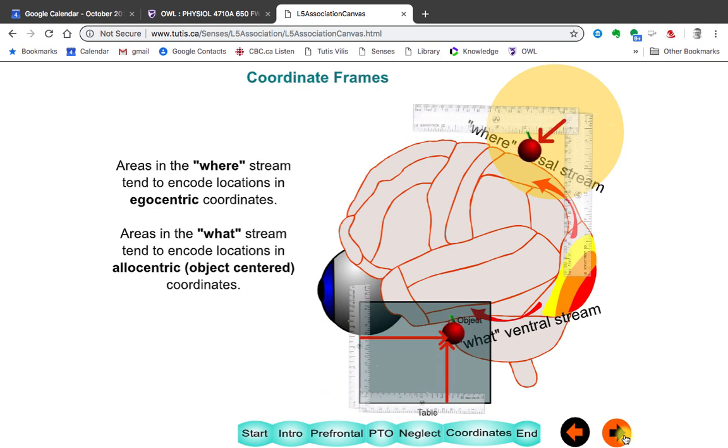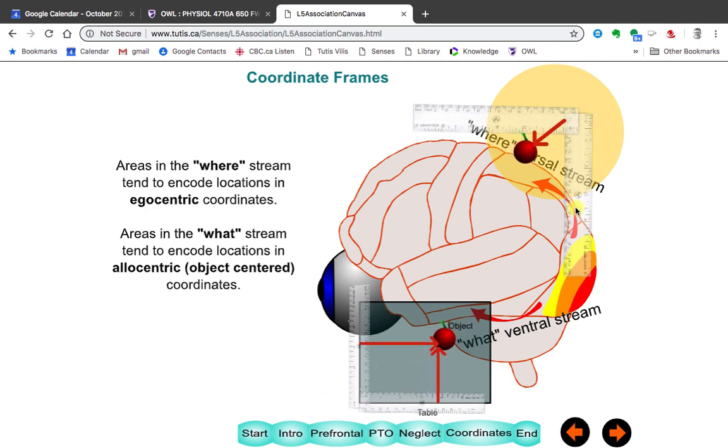Now, what's interesting about this is that these two different frames of reference are represented by these two pathways that we've been studying. The ventral stream treats things in an allocentric or object-centered reference frame, and that's what you might expect, because you think about things like faces and features within faces, so it's a good way of representing things.